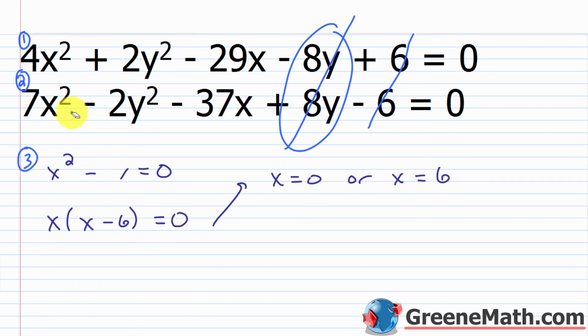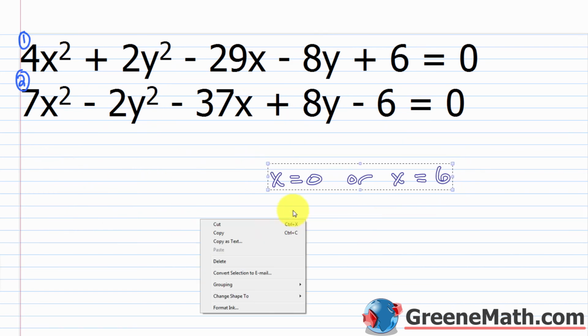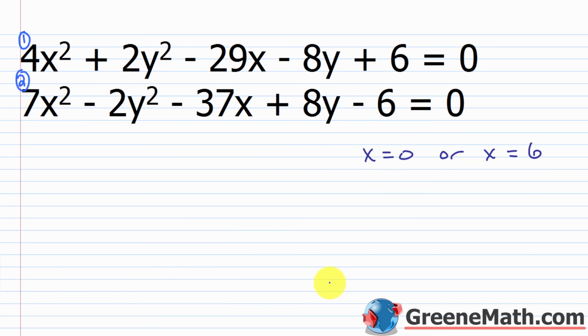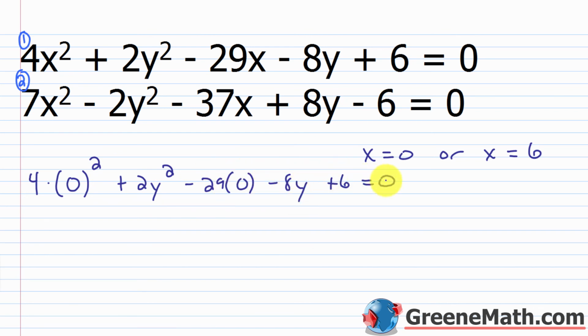All right, so let's erase everything, and I'll keep this here for now. So what happens when x is 0? Let's just pick equation 1, which looks a little bit easier. So if x is 0, we'll have 4 times 0 squared plus 2y squared minus 29 times 0 minus 8y plus 6 equals 0.